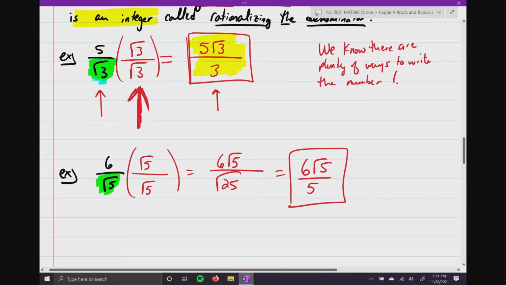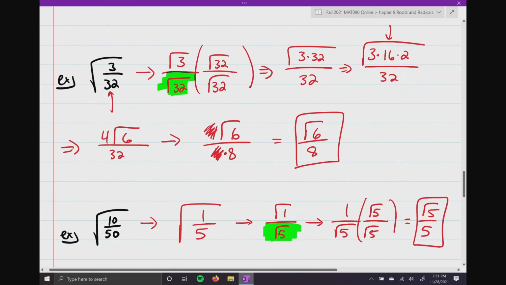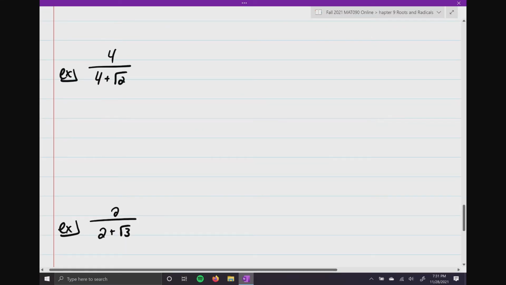All right? Now the question becomes this. What if you have two things in the denominator? What if you have two of them? 4 over 4 plus the square root of 2. Well, hopefully you're thinking, everything that we've done so far, we multiplied by 1, but we wrote 1 in a very clever way, okay?